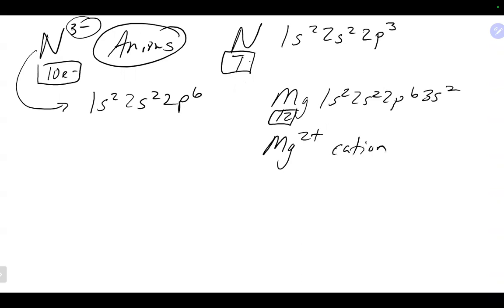It has lost 2 electrons, so it would now have 10 electrons, and its configuration would also be 1s2, 2s2, 2p6. 10 electrons is who on the periodic table?